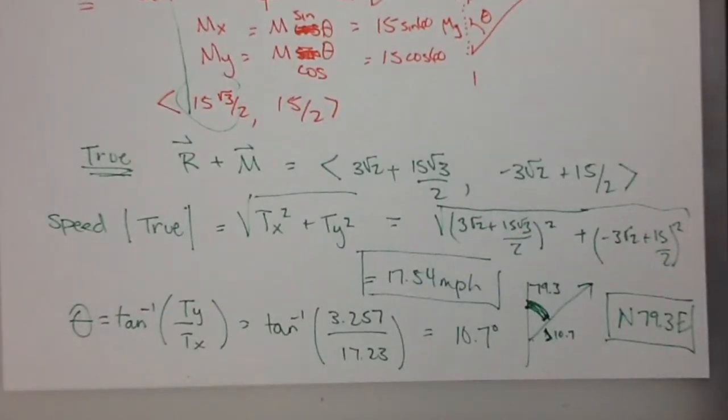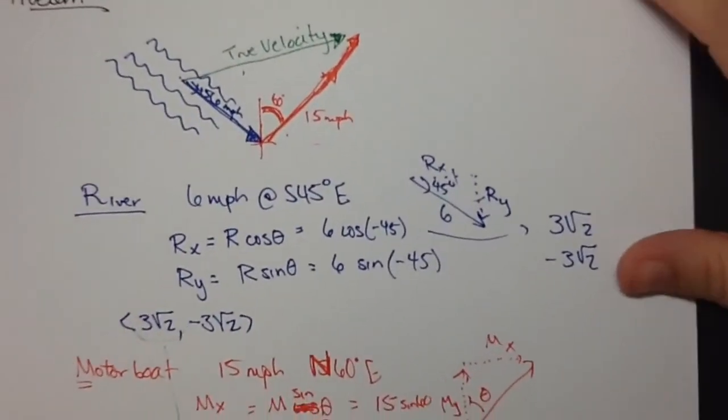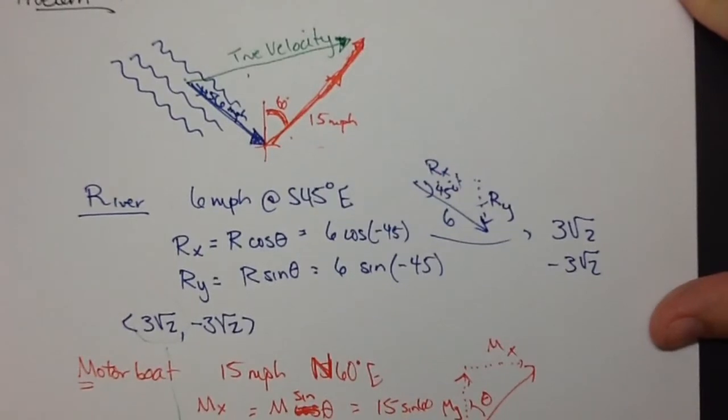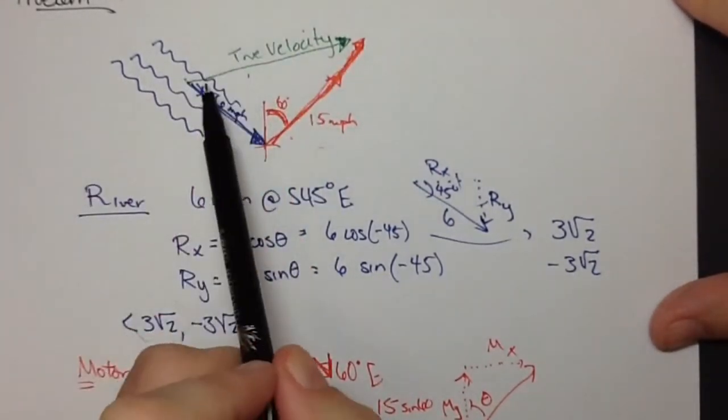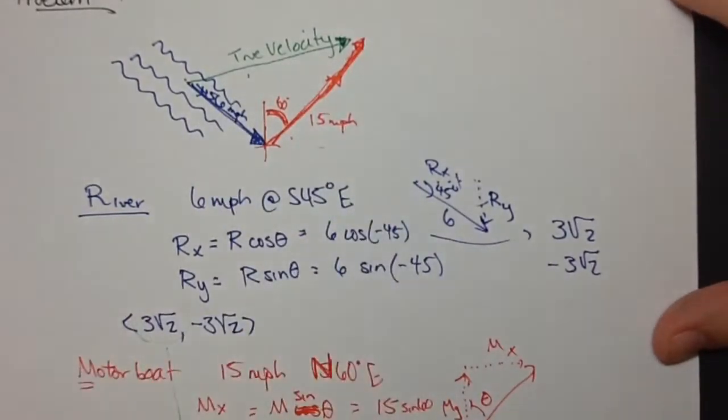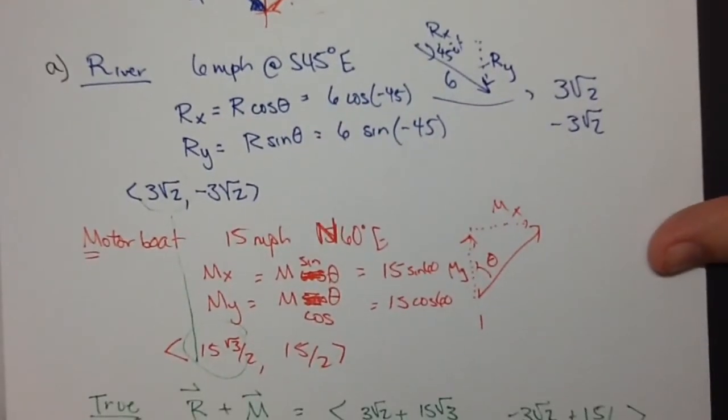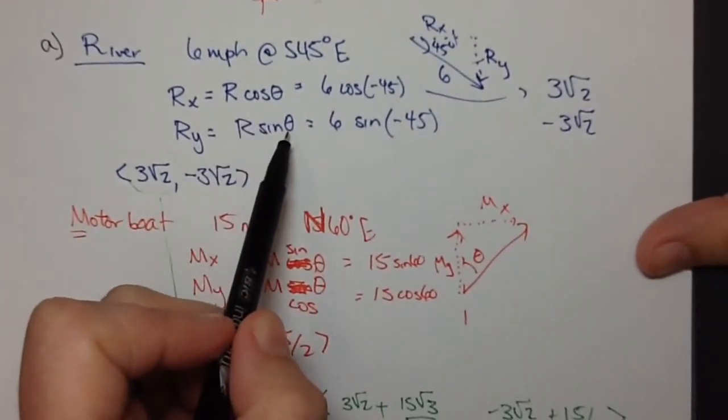All right. So again, this is problem number 21, vector application problem. We're given the speed of the river, the speed of the motorboat, and asked to find the true velocity. Step A is finding the components of the river, which you do using cosine and sine.